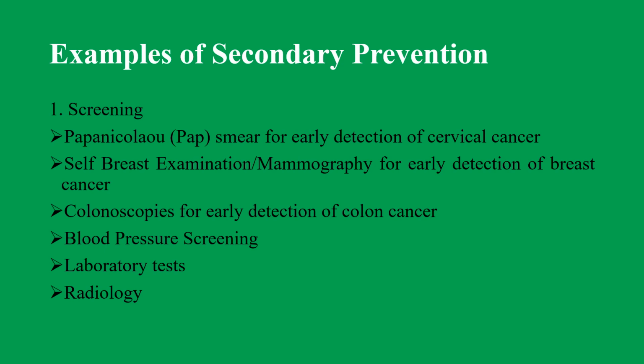You also do colonoscopies to detect colon cancer early. You do blood pressure screening to just ensure that people don't have hypertension. There are also certain laboratory tests that you can do, as well as radiological examinations.